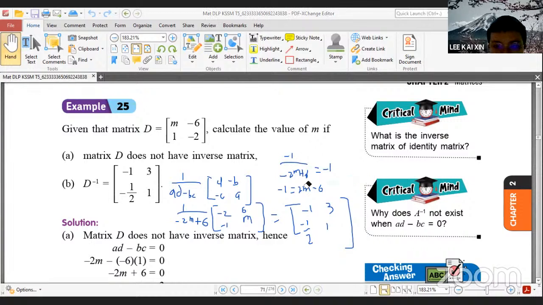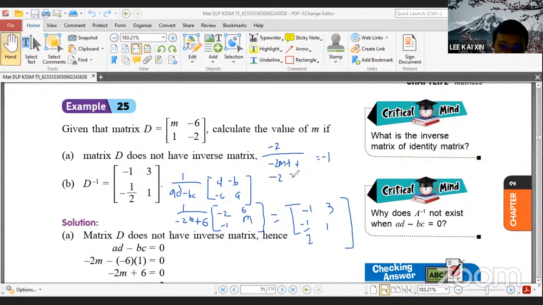And you know what I did wrong just now? We use -2. Okay, you get 2m plus 6 equals to -1. Just now at top I write -1, it should be -2.